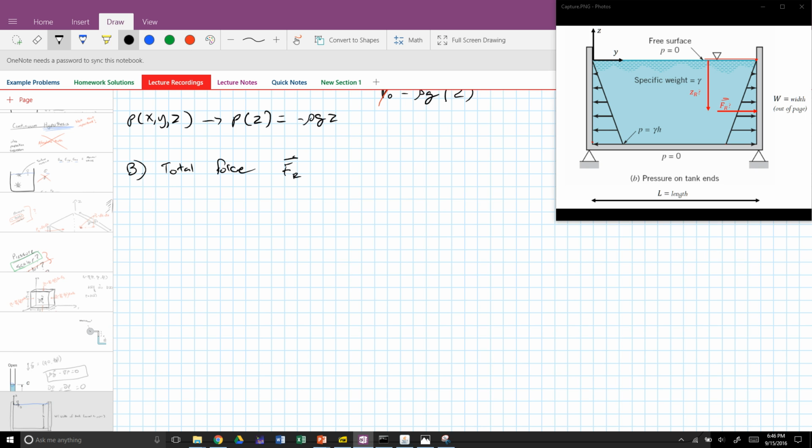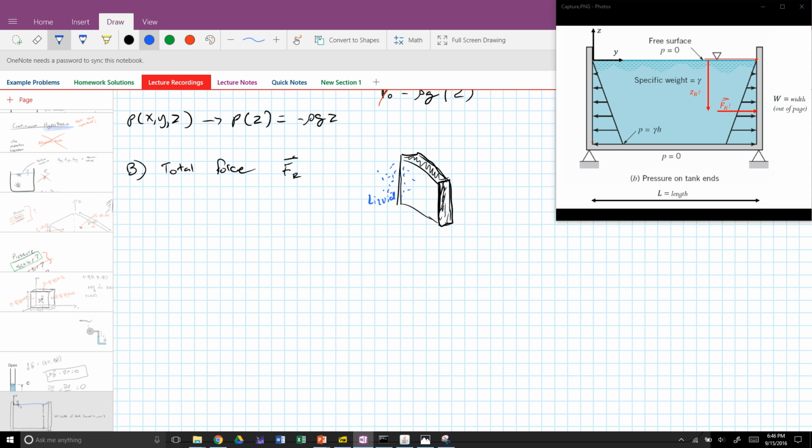If we consider a little element of this tank wall, okay, so this is a little cut for a tank wall, and the fluid is on this side.